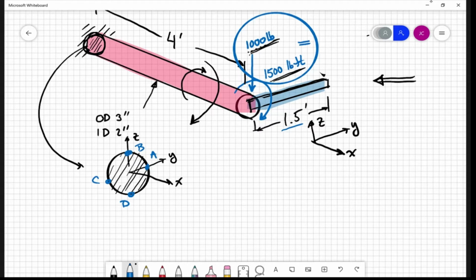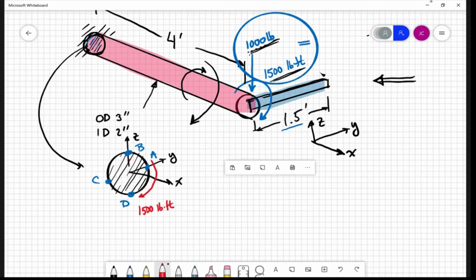So what are the forces acting on this plane in the back that contains points A, B, C, and D? Well, clearly we have the 1,500 pound foot torque, right? So I have a torque acting on this like this of 1,500 pound feet, right?